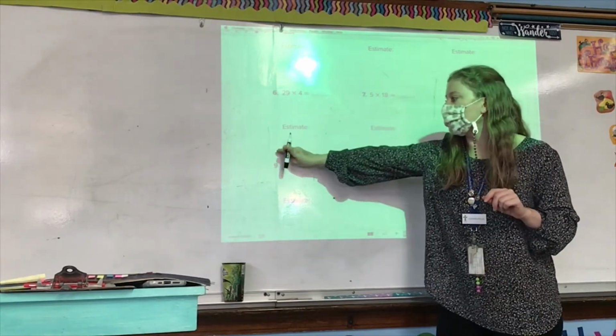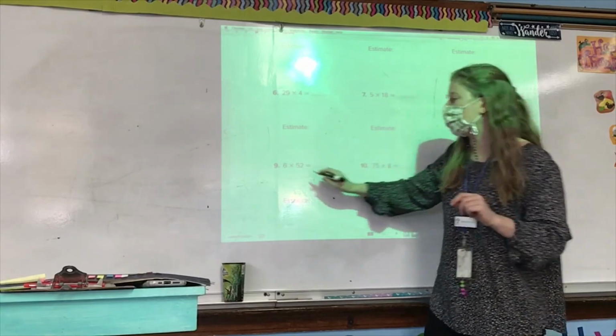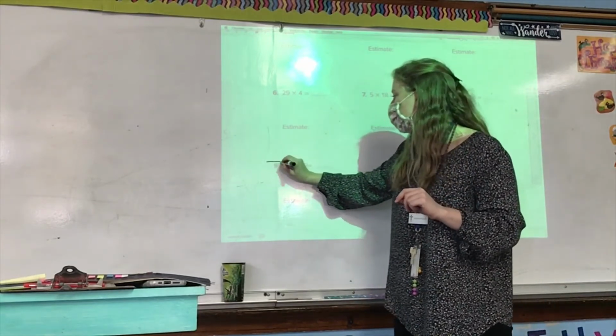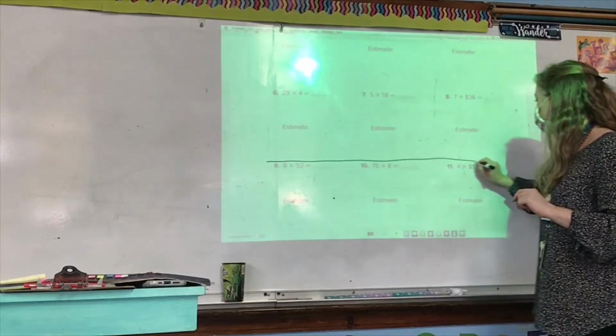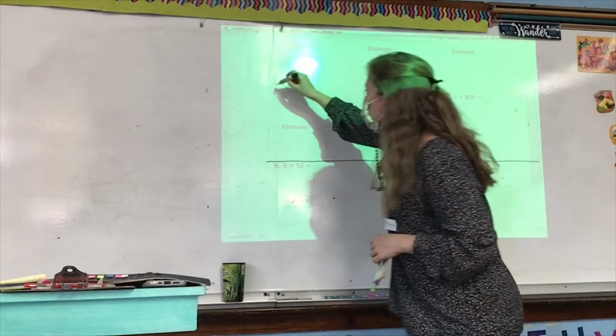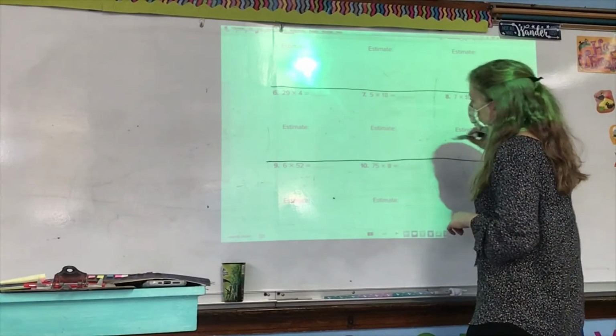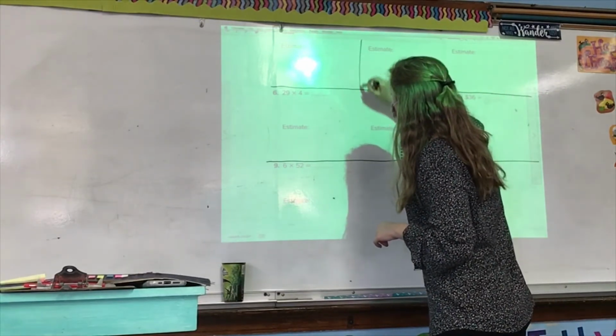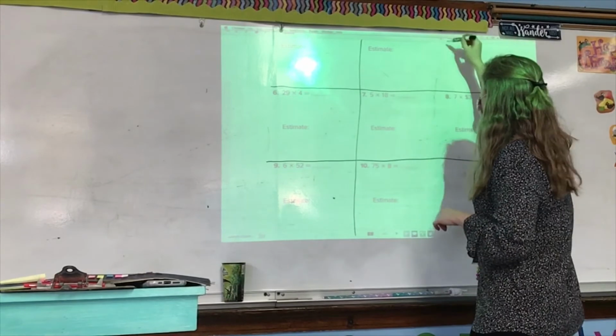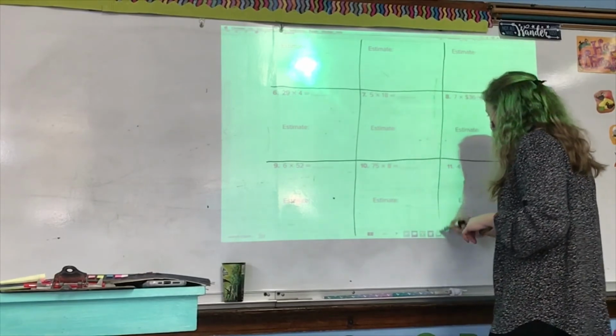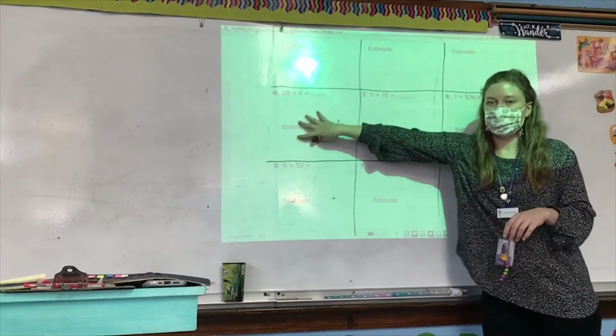Now, you can put your estimate closer down to the bottom. Let's go ahead and add a grid so that we know exactly how much space we have. So right above each number, draw a line, and then right before each number, draw a line so that you know you have this whole box to work with.